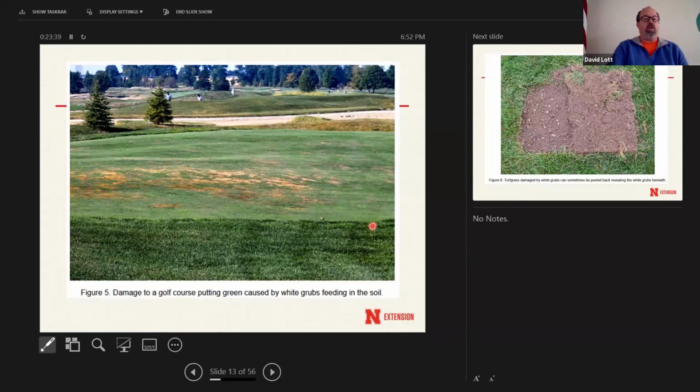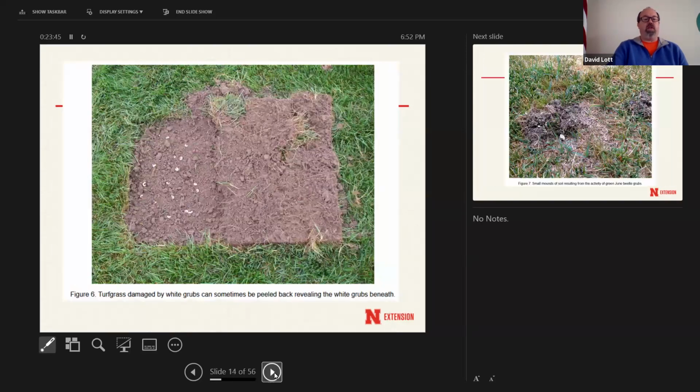So what you can do in those areas is start sampling the sod. Here's a picture of a damaged area where you cut the sod and you open it up and look, and you can start counting the grubs. Usually in that square area, if you can count 8 or more, that's usually an idea that we need to do some treatment.